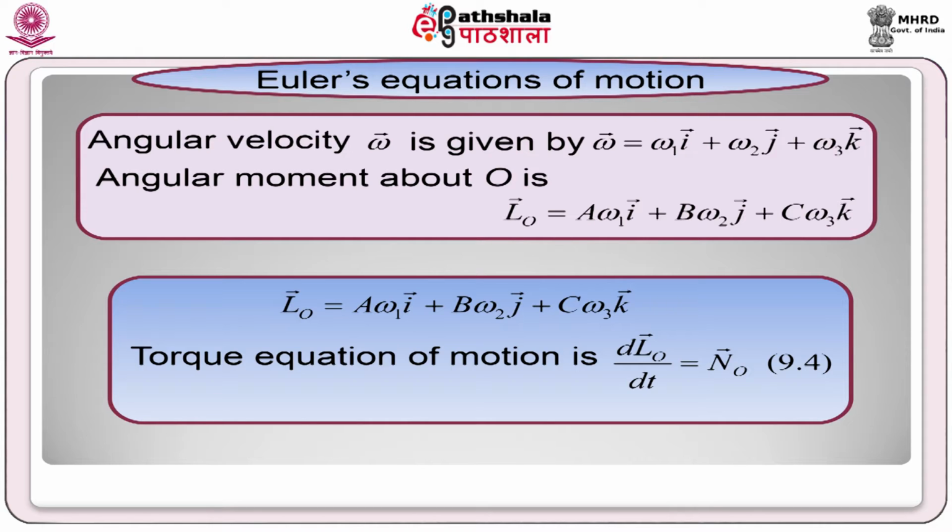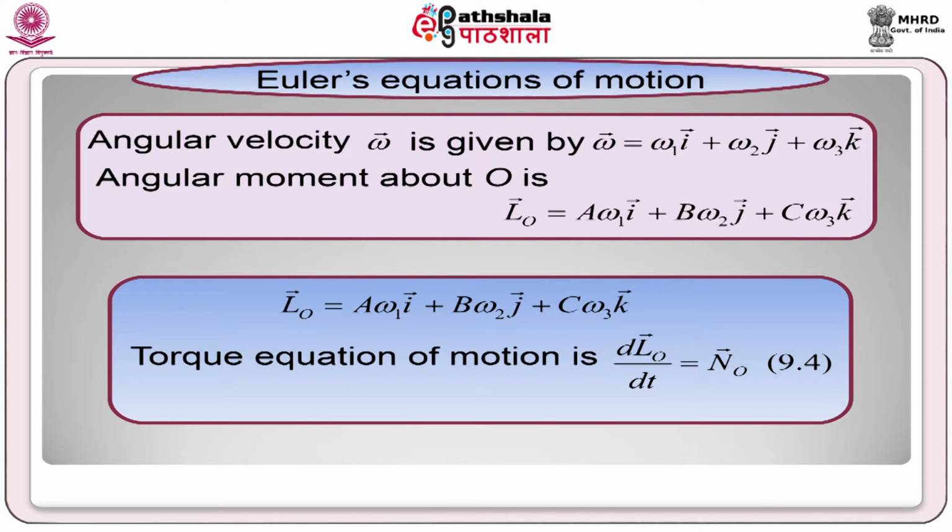These axes are essentially mutually orthogonal and fixed in the body. Let i vector, j vector, k vector be three unit vectors along Ox, Oy, Oz respectively.